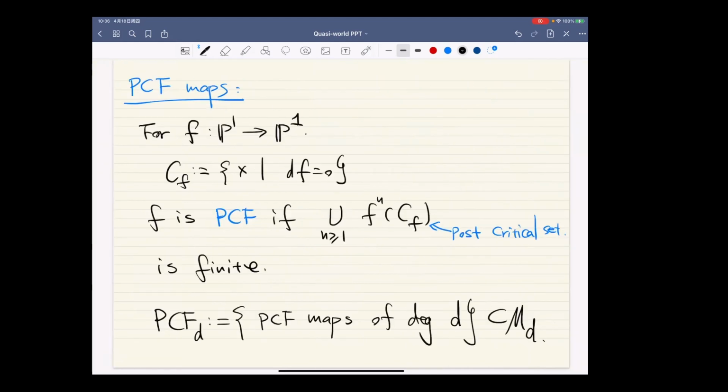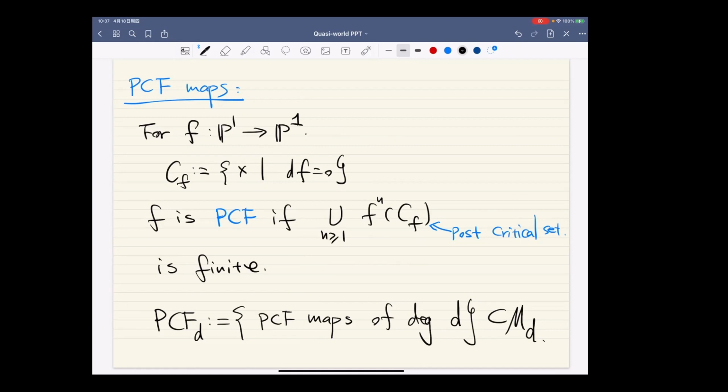Okay, in our proof, I think the idea is to look at the PCF maps. So maybe we give a very brief recall of PCF maps. For a rational map F from P1 to P1, we denote by C_F the set of critical points. We say that F is PCF if the post-critical set is finite.